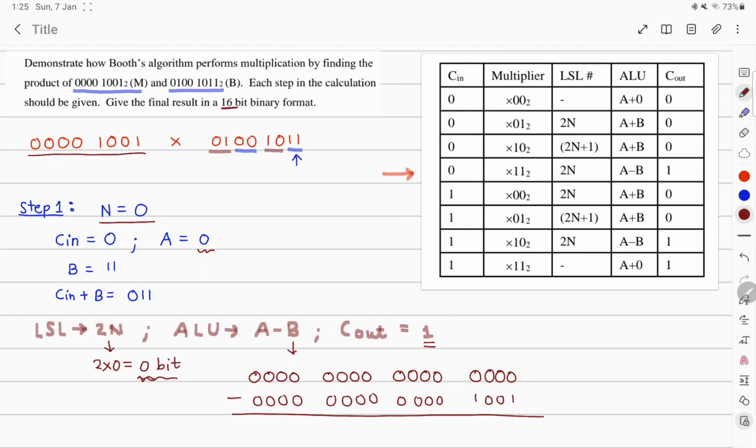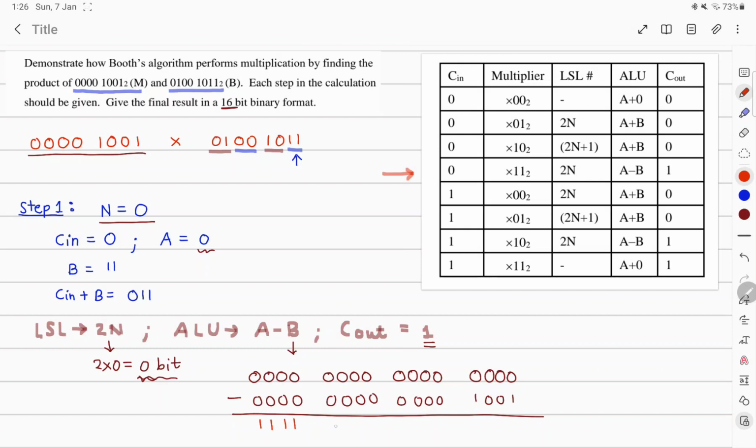In the calculator's binary mode you can do it. So let us do it: 16 zeros minus 1001. You can copy the last 16 digits.